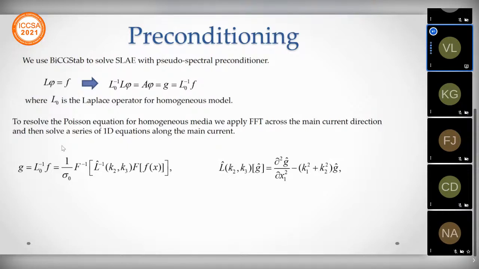And we apply the Fourier transform with respect to those two directions, normal to the main potential change. Then we get a series of 1D problems along the main current direction, and we solve them using standard methods.